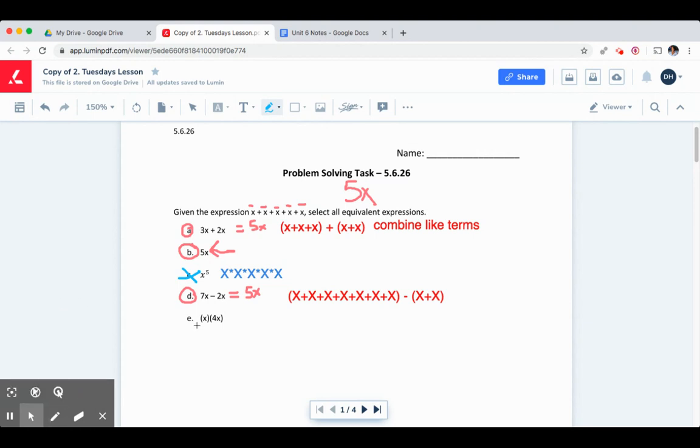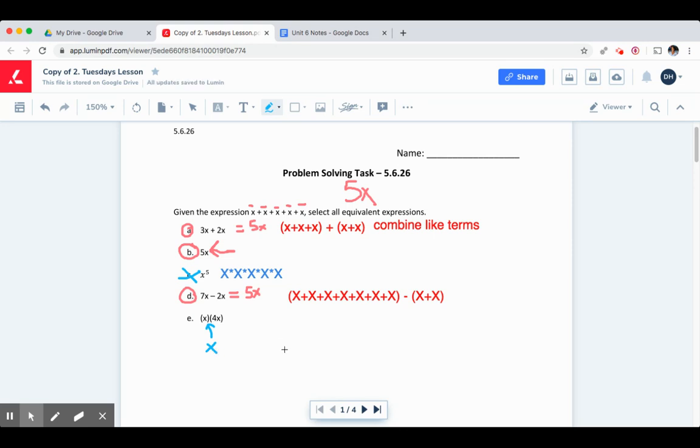Answer choice E shows that we have x being multiplied by 4x. Because when we have two terms that are connected with touching parentheses, that shows that we're doing multiplication. So again, you would not combine those terms the same way.